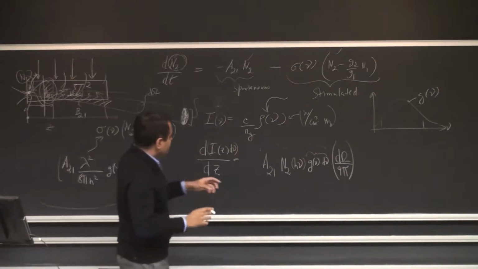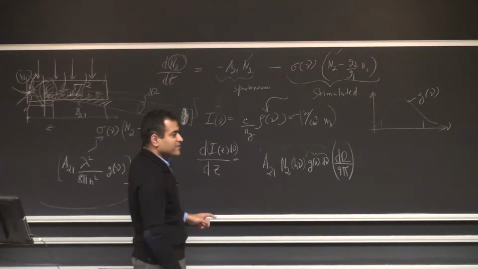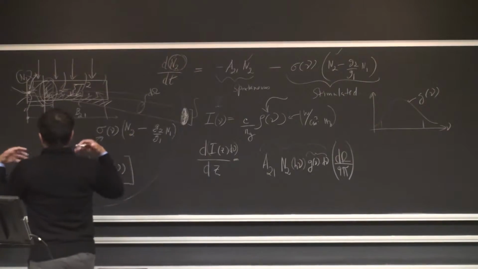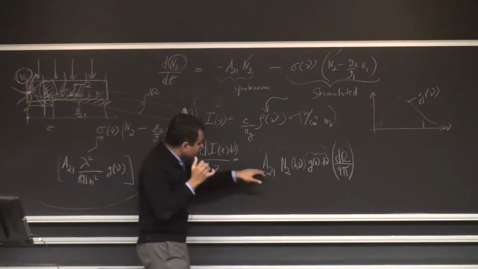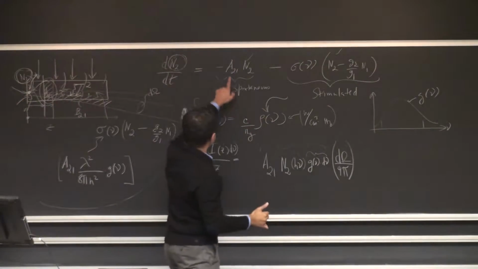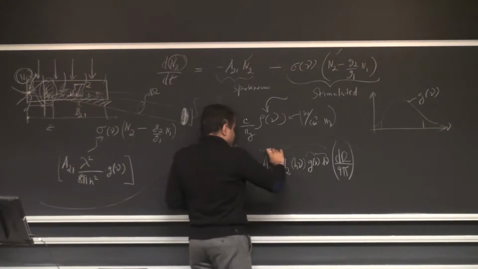So for A21, that rate is the atoms that are going to a lower state, but the light is being released in all directions. Correct. So there are N2 atoms per unit volume here, and each atom emits at a rate of A21. That's the spontaneous emission rate, each atom. And so each atom is emitting at this rate.